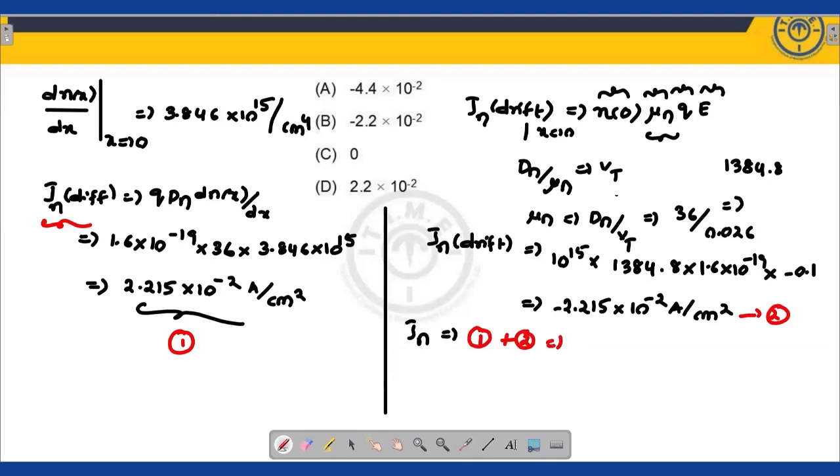Then you are getting this value equal to 0, my dear students. Which is equal to 0. You are going to get this particular value here. This is how I did the problem.